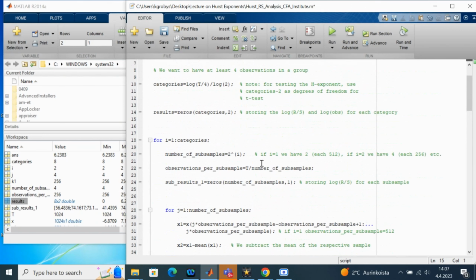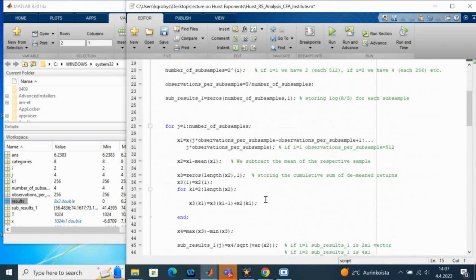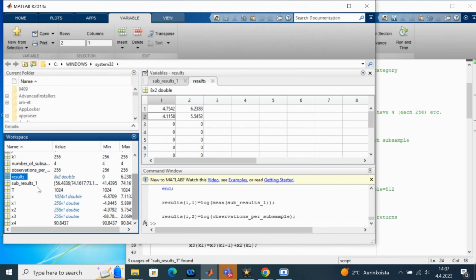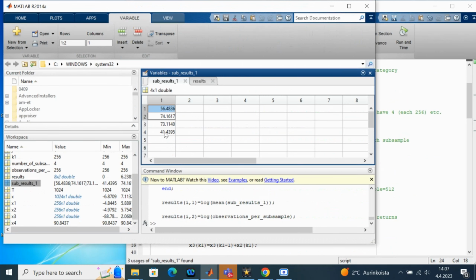And you see, as we discussed on the whiteboard, this sub_result_1 vector, where we store the intermediate result, increases in each iteration. In the first iteration it was a 2 by 1 vector. Now it's a 4 by 1 vector, and in the next iteration it would be an 8 by 1 vector, and so on.